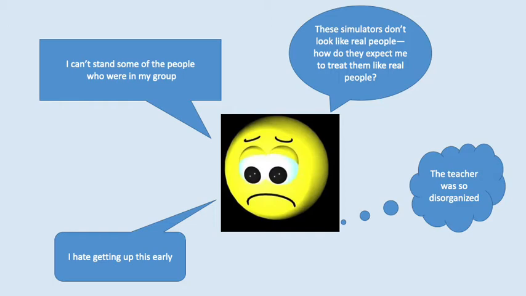Now, dissatisfied learners often tell me that one of the reasons for their discontent is they just can't get into talking to plastic people. They struggle to suspend disbelief in a way that allows them to buy into the experience. And, I'm tired. I hate getting up this early to go to class. That was always my excuse.